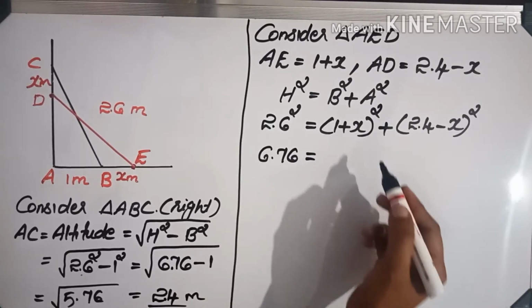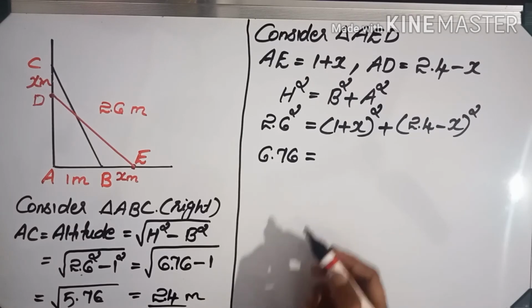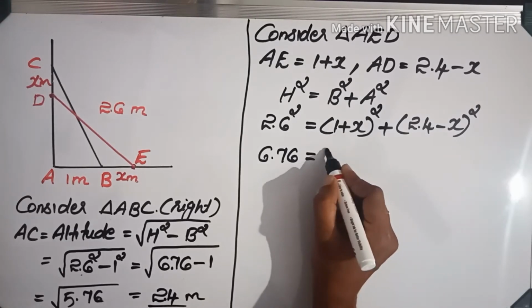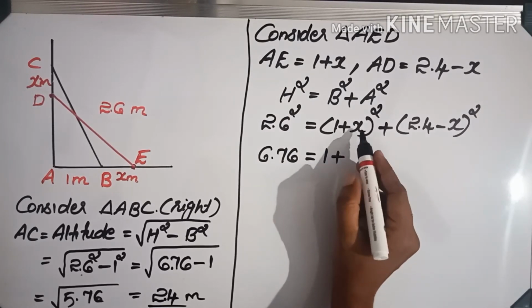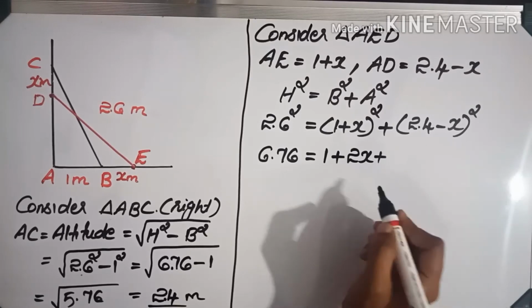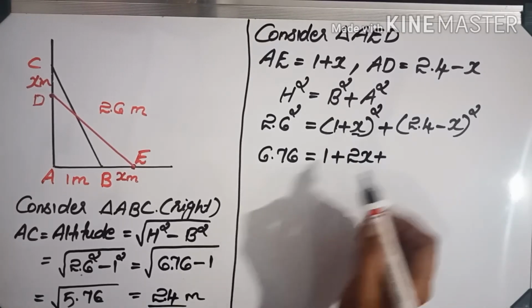plus (2.4 minus x) whole square. We need to expand this by using identities. (a plus b) whole square: a square, that is 1 square, 1, plus 2 into x into 1, that is 2x, plus b square, that is x square.